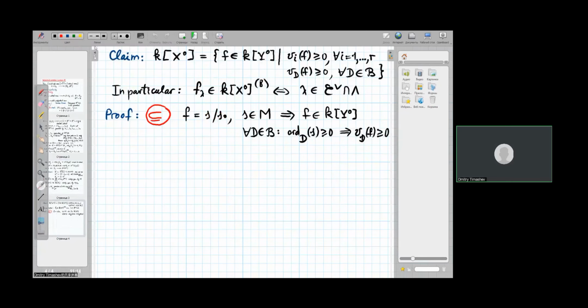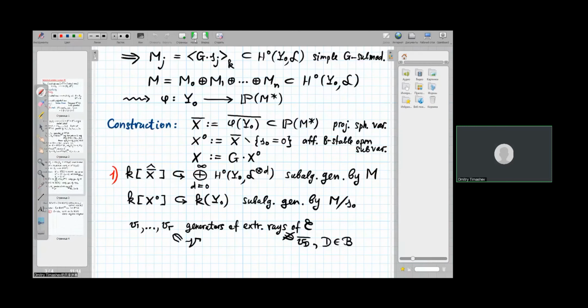So observe that the section s belongs to the space M, and this space M is the direct sum of simple G-submodules M0, M1, ..., Mn. And we know how to compute the invariant valuation on the function in terms of its projections to simple G-submodules.